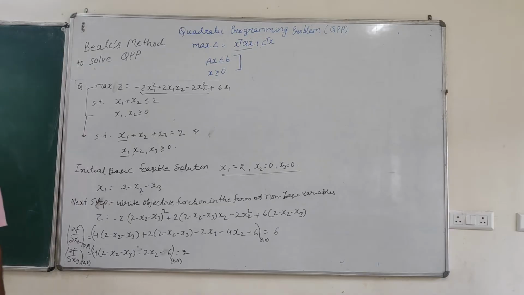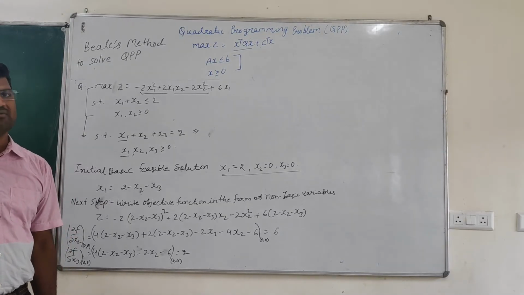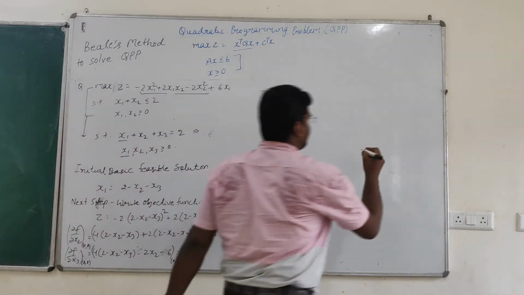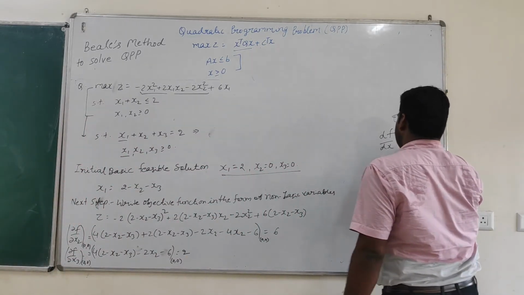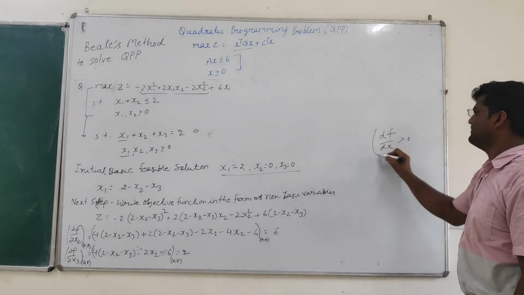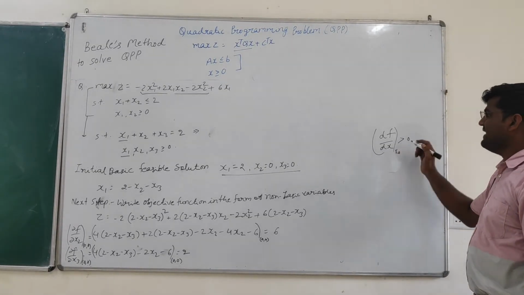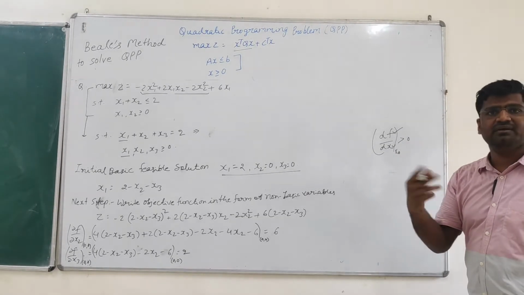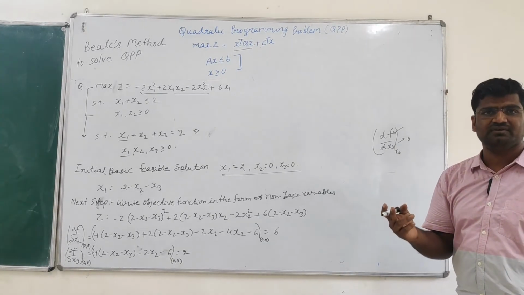Okay. Now I will go to a little bit of analysis here. If I write df by dx and I get it positive at some point, let's say some point x0, what does it mean? At this point, if x is increased, then f will be increased. If x is decreased, then f will also be decreased.